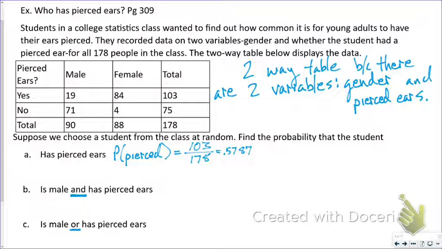I am A-okay with either of those answers. So you can write the fraction or the decimal. Please do not round to the tenths. Do not write 0.6. That would be bad. Please try and get in the habit of rounding to the fourth place. That makes it super accurate, and you won't lose points.